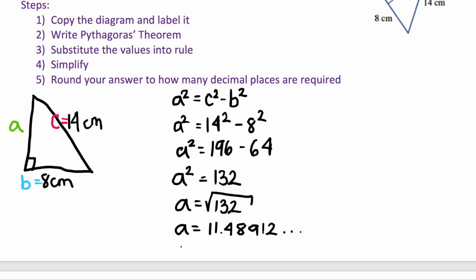To 1 decimal place, the place value next to it is 5 or more, which means that I have to round up. So a equals 11.5. And because the question was given in centimeters, I have to write my answer in centimeters. Okay, let's go to the next one.